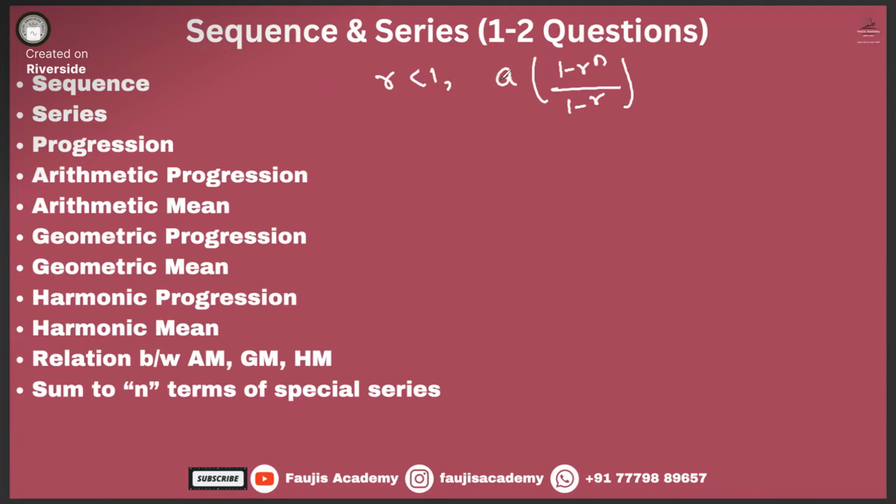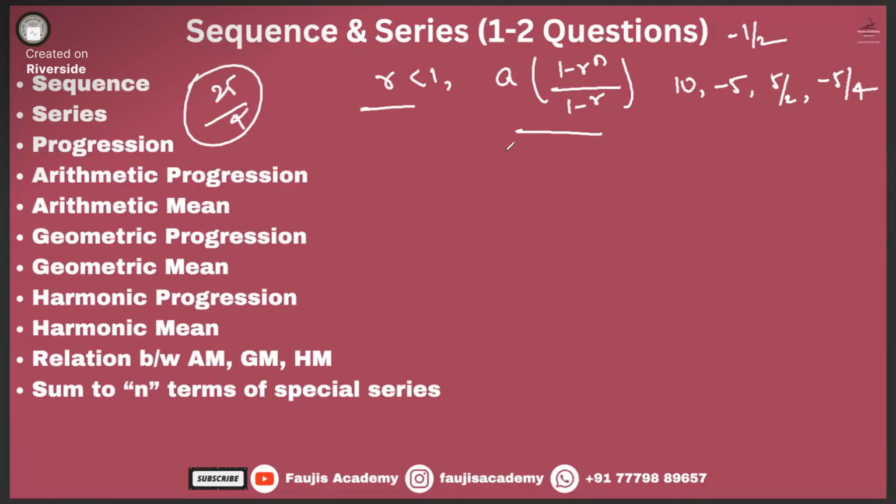Right? And we had the progression 10, minus 5, 5 by 2, minus 5 by 4. This was our progression. And 25 by 4 is the summation. This is what we have got if we just add it, and now we are going by the formula.